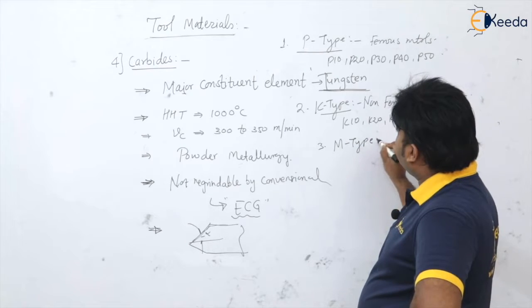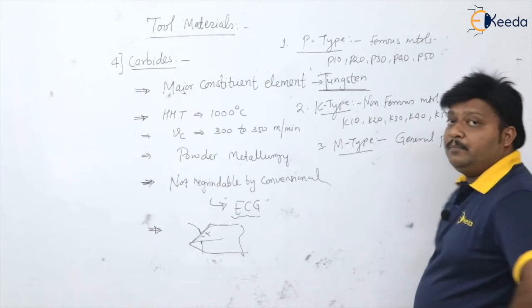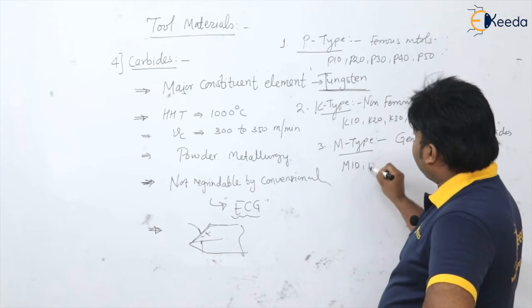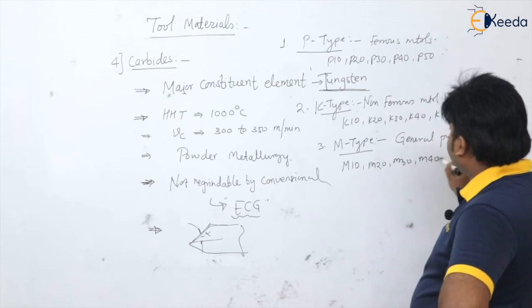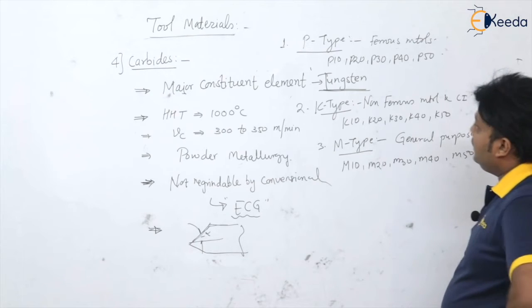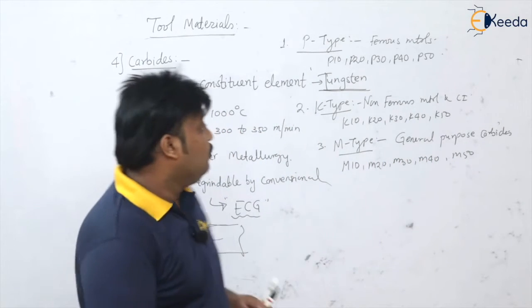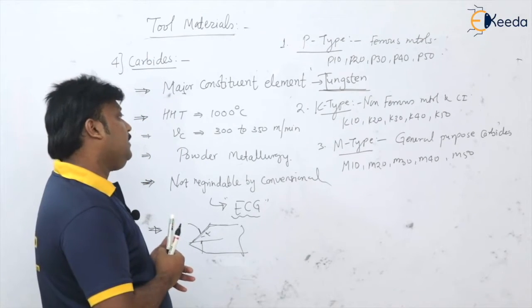These are the general purpose carbides. They are having M10, M20, M30, M40 and M50. So these are the types of carbides we can use: P-type, K-type and M-type.